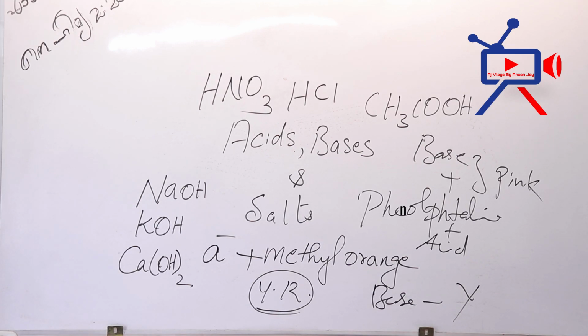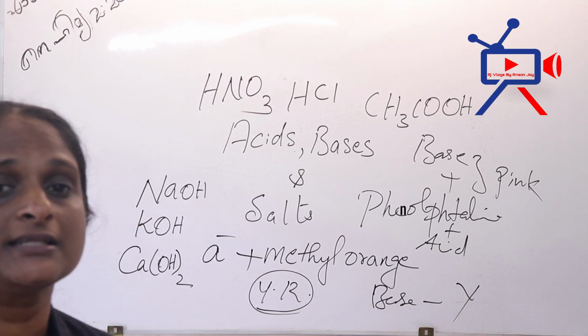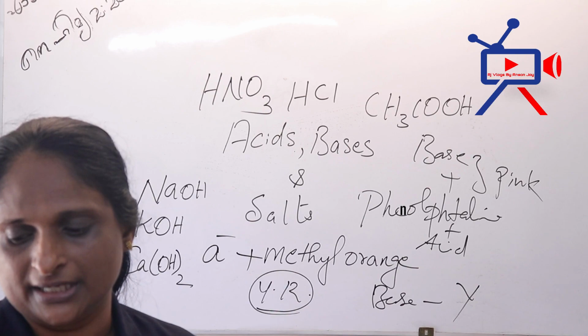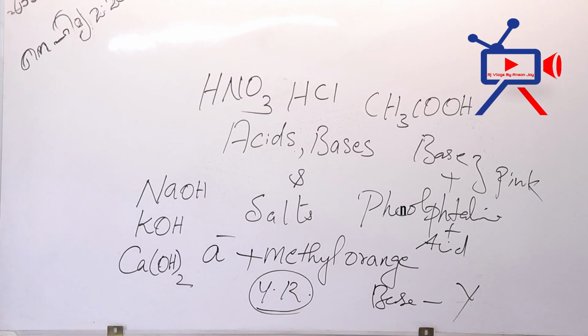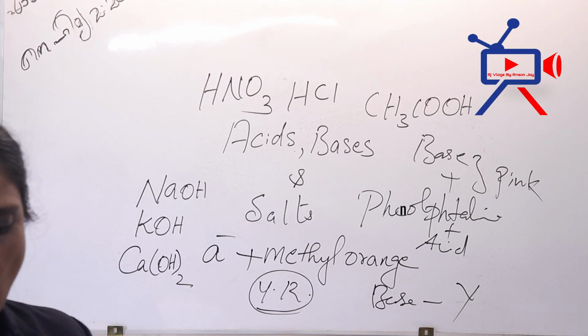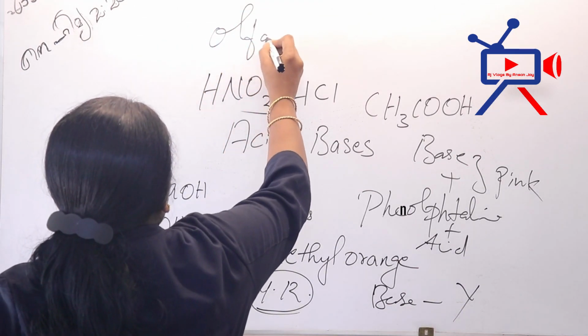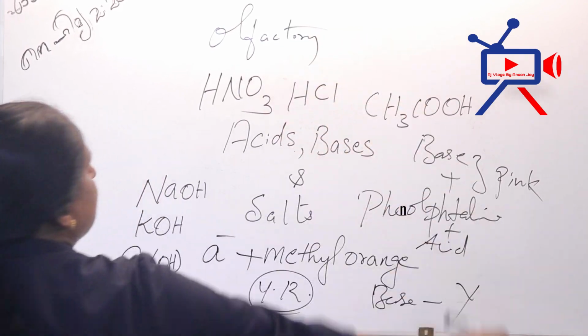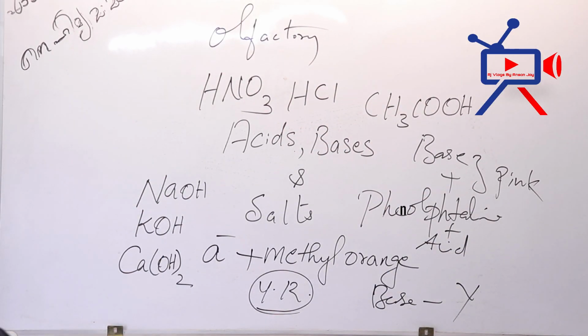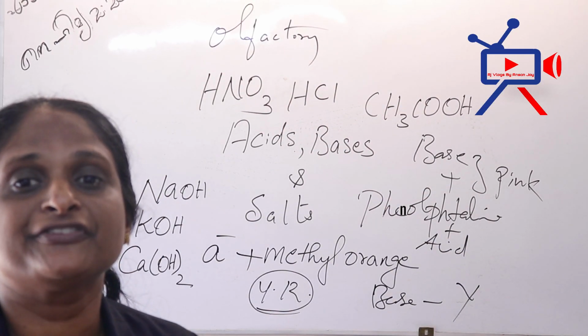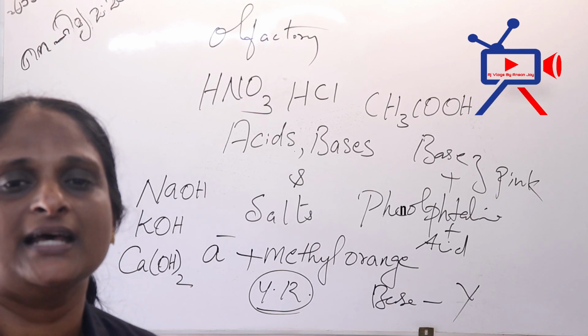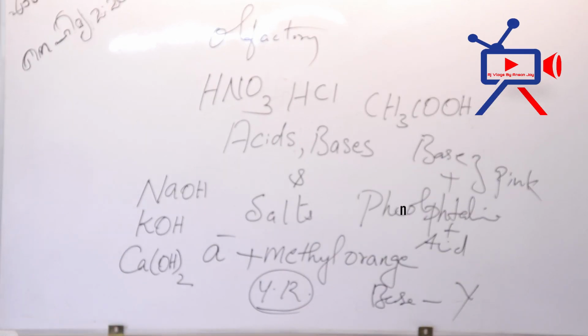Till now what we studied is natural indicators and synthetic indicators, which change color. Now another set is called olfactory indicators. See the textbook under table 2.1, where you can see the word olfactory indicators. Olfactory indicators give different smells in acid media and in basic media.